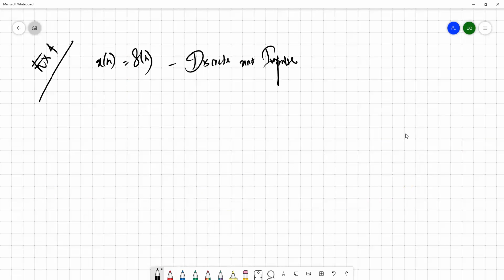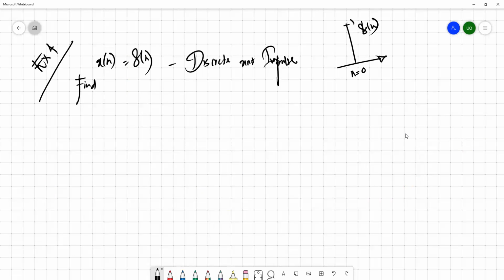This is basically defined at n equals 0, where the value is 1. This is delta[n]. Okay, so let's try to find the Fourier transform of x[n].